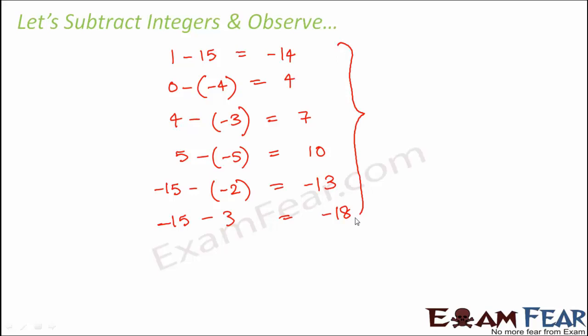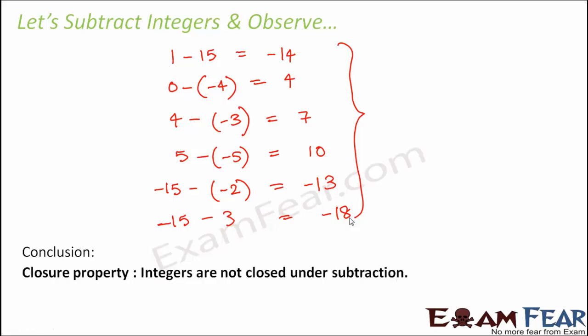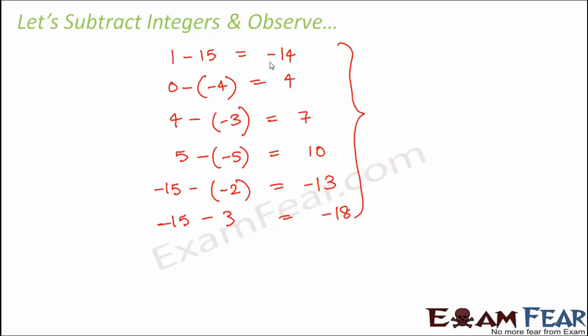Here again I have taken a lot of different combinations. Somewhere I have taken both negative integers, somewhere one positive, one negative, somewhere one negative, one positive, and so on. And every time we observed that the result is an integer. What do we observe in each of these examples?